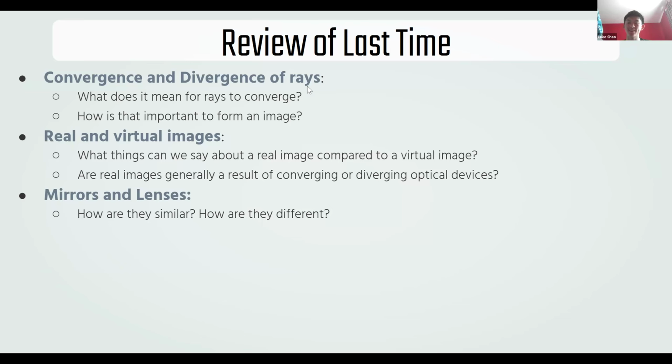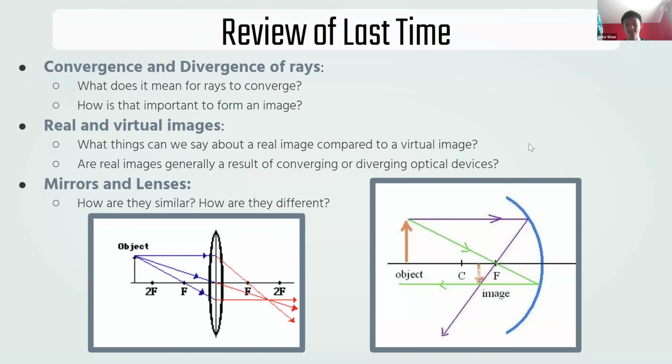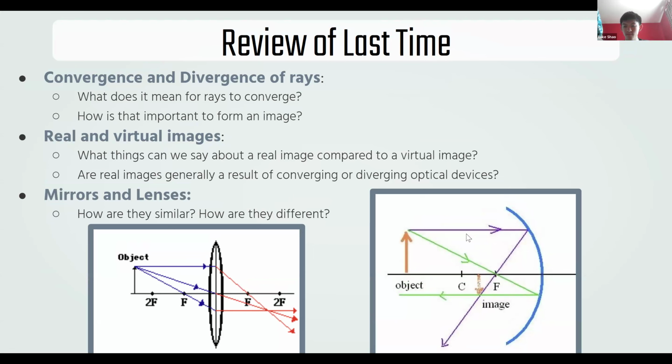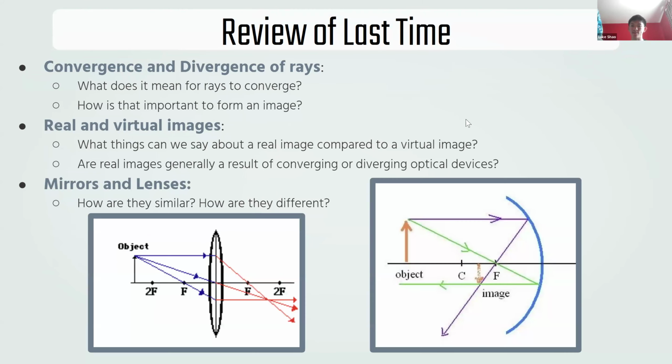Yeah, so looking at all the answers in the chat, I think everyone got everything. So lenses refract, mirrors reflect. An ideal mirror is a small mirror, and an ideal lens is a thin lens. And they both form images, and they also have focal points, which we will see today.